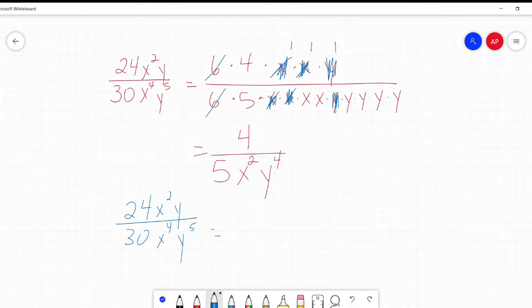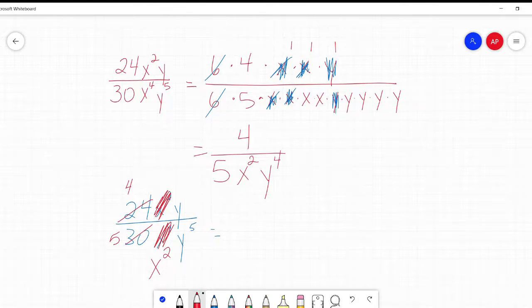You say, okay, 6 goes into 24 4 times. It goes into 30 5 times. I have 2 x's on top and 4 on the bottom. If I get rid of 2 x's, then there's none left on the top, and if I take 2 away from 4, I'm left with 2 on the bottom.